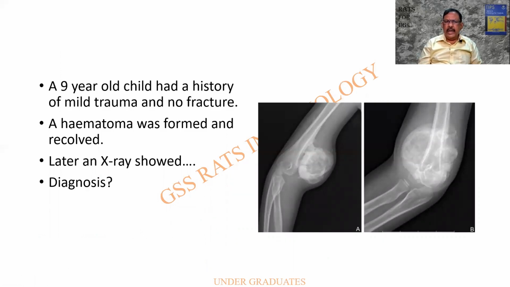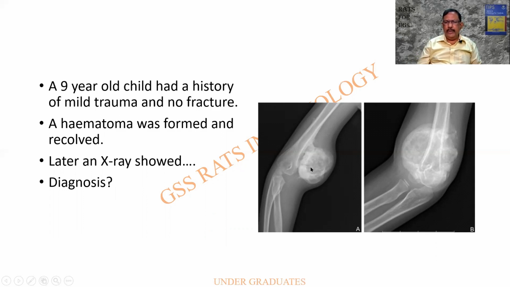And coming to the last example, this is one. A 9-year-old child has a history of a mild trauma. There is no fracture of the limb. And then they found that there was a hematoma that was there. It resolved on its own. It resolved. And later an X-ray showed some kind of a radio opaque picture.